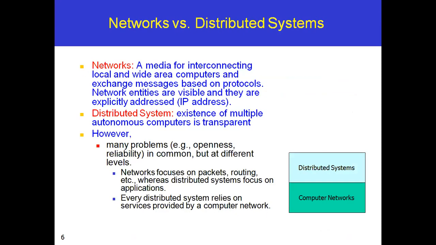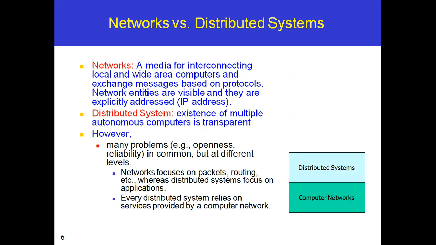Here see the next one, networks. What are networks and what are distributed systems? Networks versus distributed systems. A network is a media for interconnecting local and wide area computers and exchanging messages based on protocols. We all know about this.